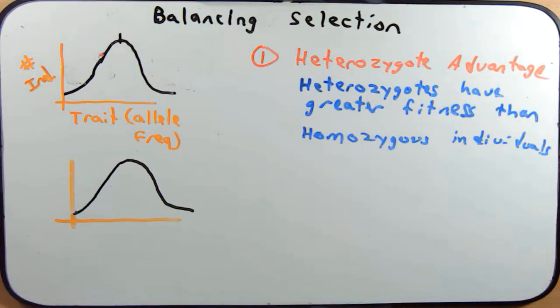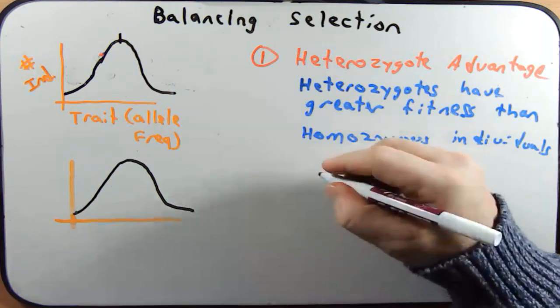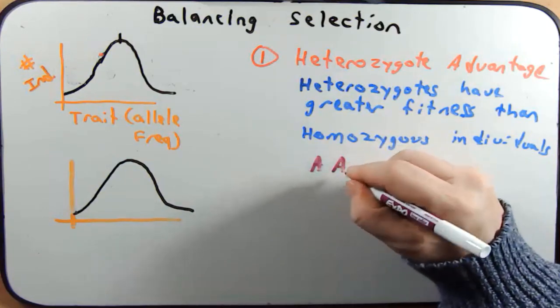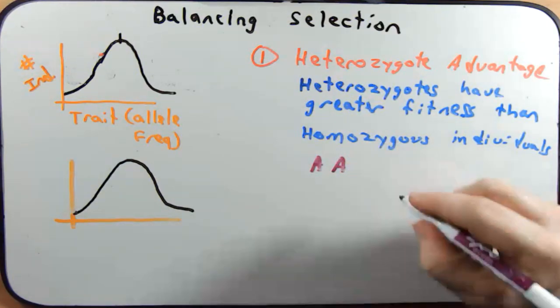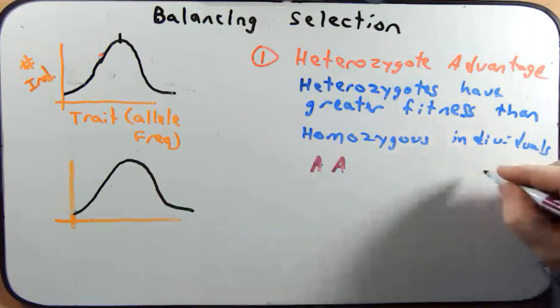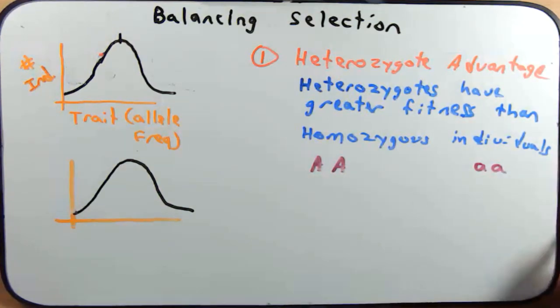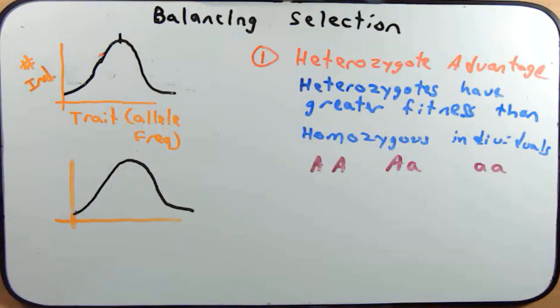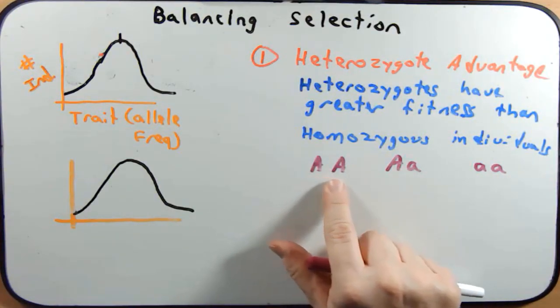Remember, as we said before, every individual has two alleles for any given gene. And so let's use something simple and say the allele could be A. So you could have two alleles that are big A, big A. You could also have two alleles that are little a as the two extremes, and then the one in the middle is big A, little a. The prefix homo means the same. So what we're saying is they have two of the same alleles.